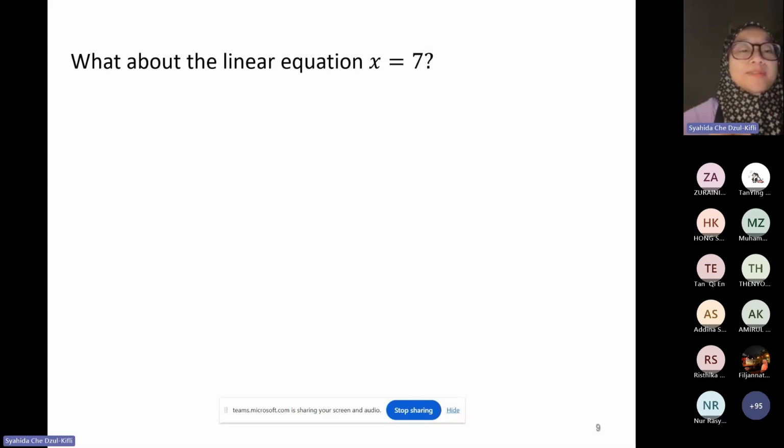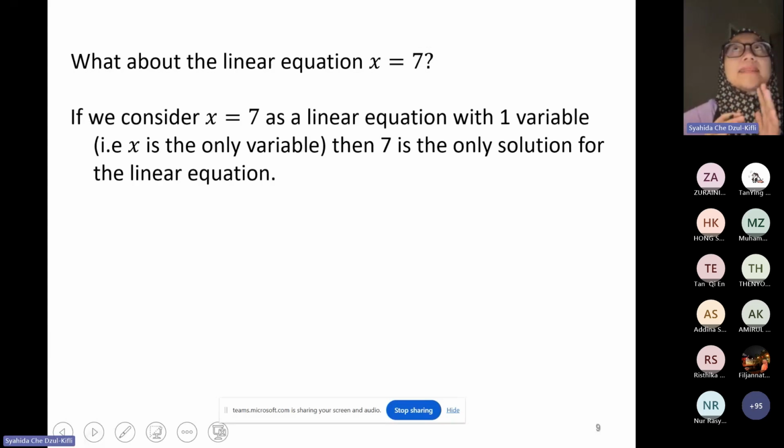What about the linear equation x equal to 7? What is the solution for x equal to 7? This is an equation and this is also linear. I want you to think this way. There are many ways of understanding this linear equation.